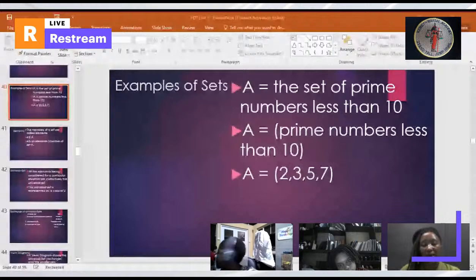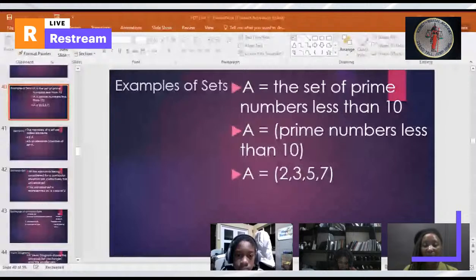All right, so this is showing you different ways that we can write sets. We can write out word for word and describe the set, or we can give a more abbreviated description using a capital letter to represent the set, using our curly brackets to enclose the elements in the set.